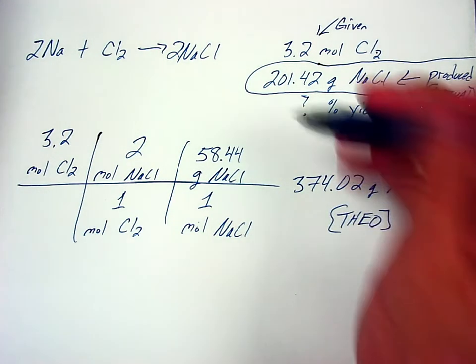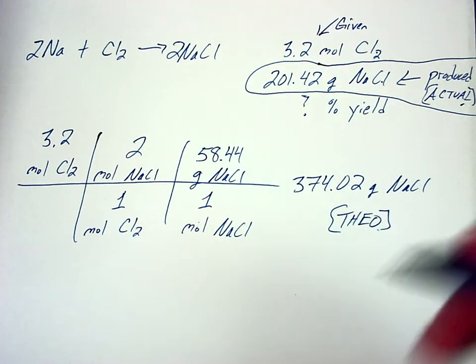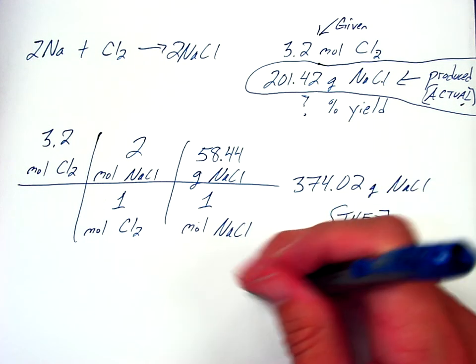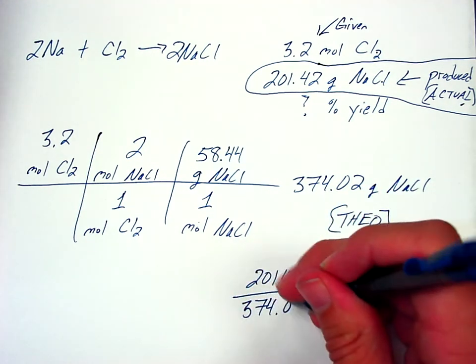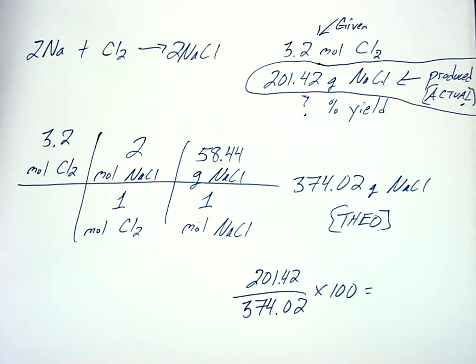My equation to find the percent yield is the actual divided by the theoretical times 100. So it would be 201.42 divided by 374.02 times 100.